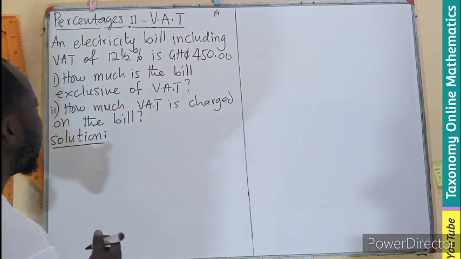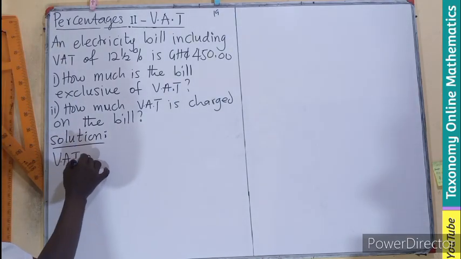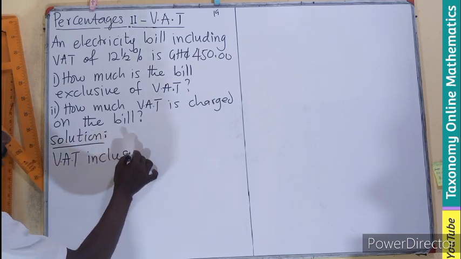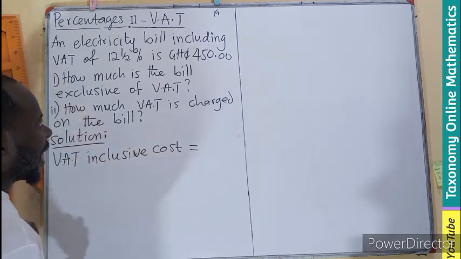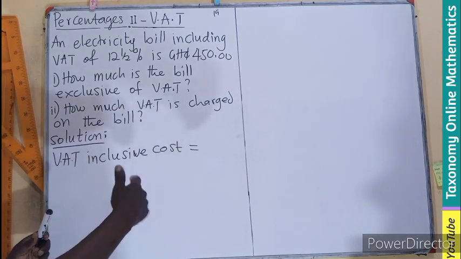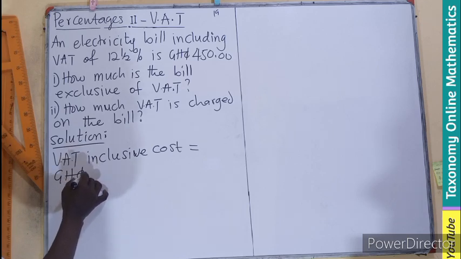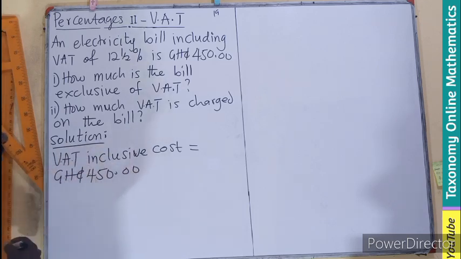So first of all, in the question we have the VAT exclusive. No, this will be inclusive, right? VAT inclusive cost, which is the cost of the article plus the VAT, and that has been given in the question as 450 Ghana cedis.